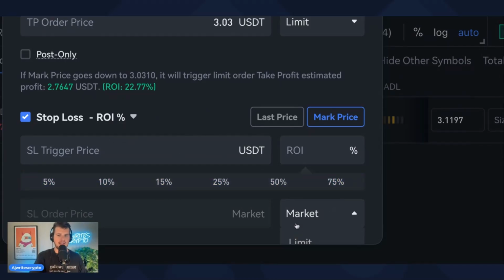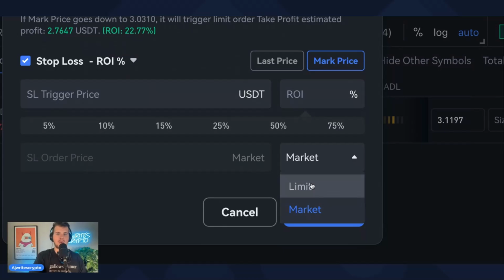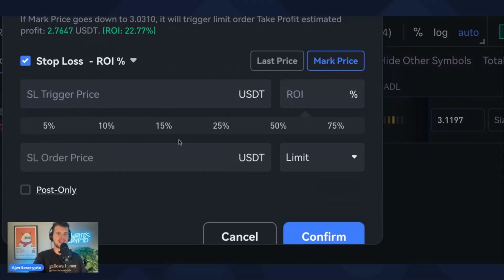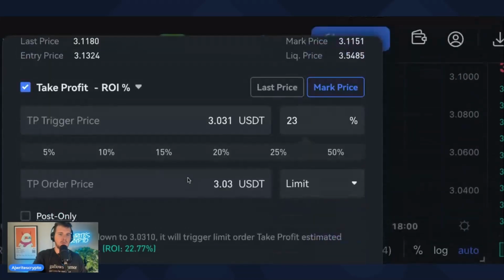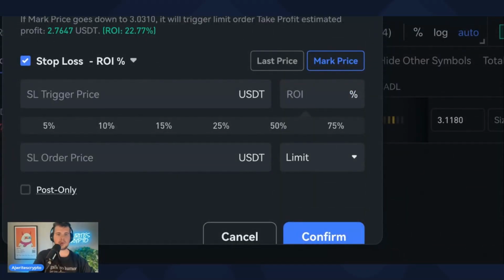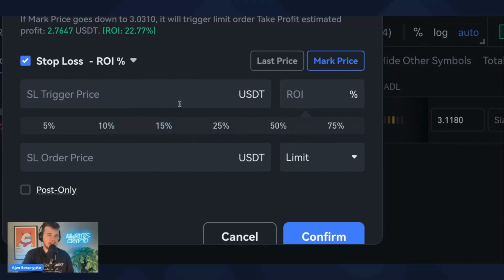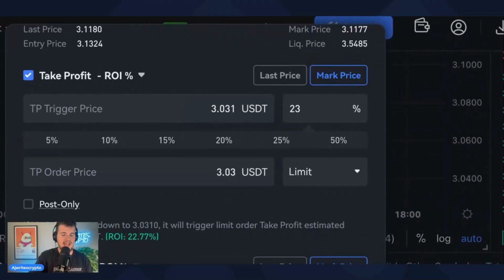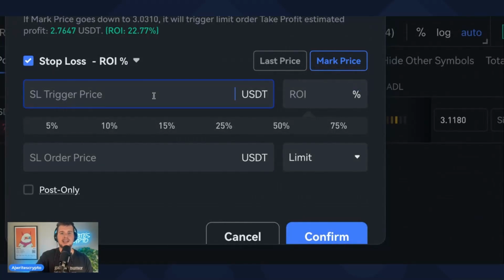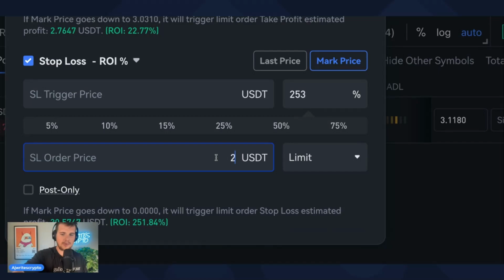So we're not going to go with market. We don't want to go with the best available, right? We want to go with limit, okay? Because the limit will give us exactly what we want. So we got in this trade at 313. So at what point are we going to pull the trigger? Because we're in a short, we want the price to go down, right? So our stop loss is if the chart decides to go up, at what point are we going to give up? When are we going to throw in the towel? So if we got in at 313, I would put my order price at 321.